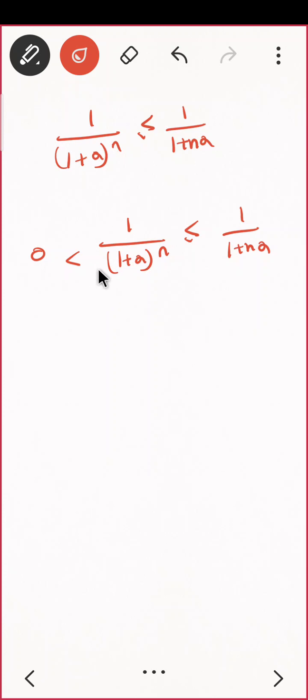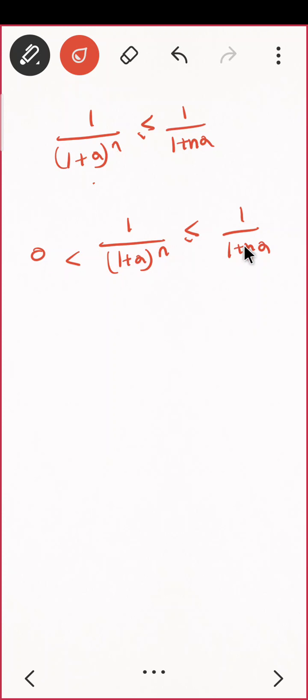I just want to relate this with your sandwich theorem. After that, you can use your usual epsilon delta, that is also acceptable. That means if you take mod of this, then mod will be less than or equal to 1 upon 1 plus na, and that is less than 1 upon na, and that's it. By comparison, that is also okay, but I just wanted to relate with your sandwich theorem. So it is squeezed between two sequences.